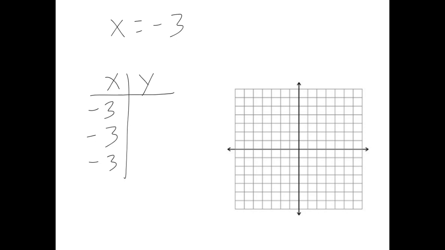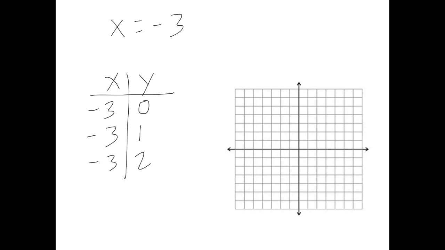X has to be -3. So that means our y is the thing that's going to change. So our y will be 0, 1, and 2. This is a special kind of equation, a special kind of function, and we'll talk more about this later.